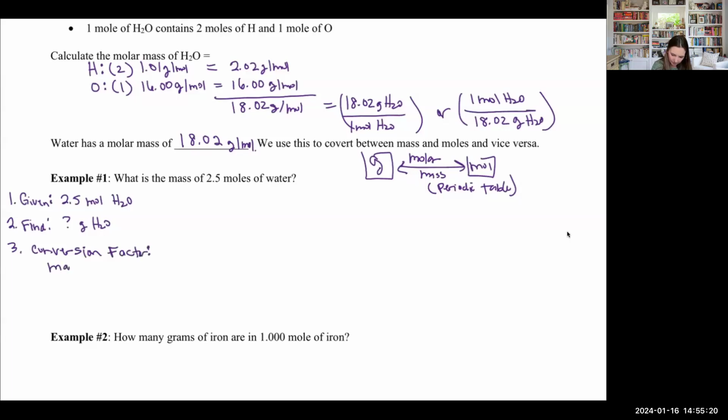Molar mass from the periodic table allows us to convert from moles to grams. And we know this is 18.02 grams of water for every 1 mole of water. And I know that because I solved for the molar mass above.